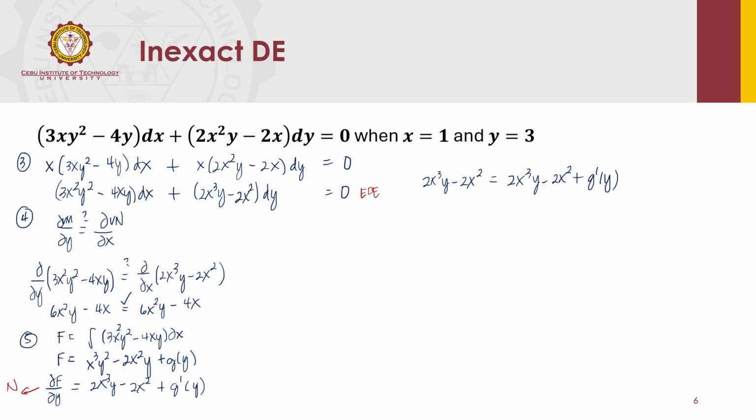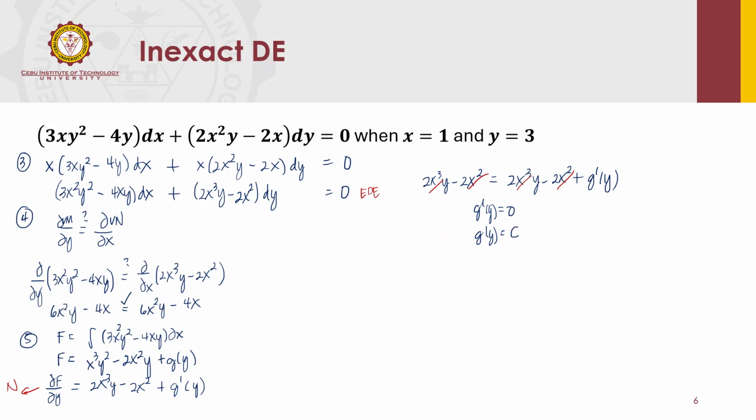So actually, I'm going to eliminate these and also these. So we're left with 0 for the g prime of y. So don't fret. Okay, so we integrate. So g of y, therefore, is a constant, because the derivative of a constant is 0. So the integral of 0 is a constant.